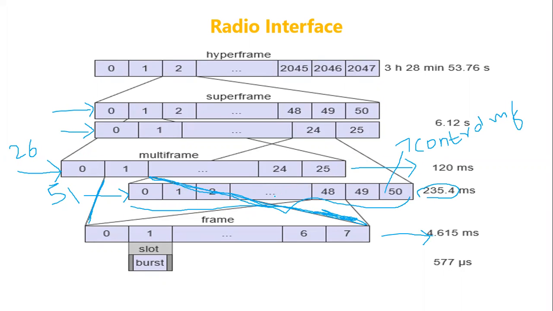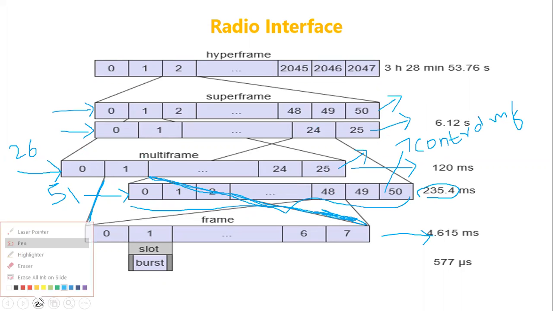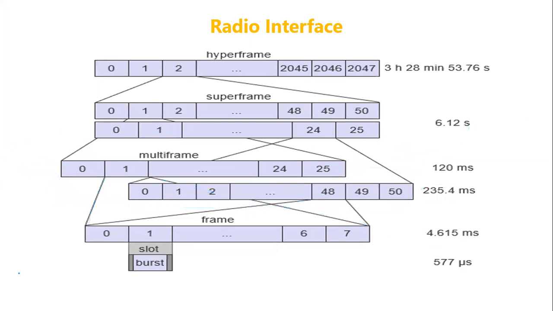If you combine 26 copies of 51 multiframe, that can be called a superframe. Or if you combine 51 copies of 26 multiframe, that can also be called a superframe. So I think it is clear. Superframe can be formed in two ways.